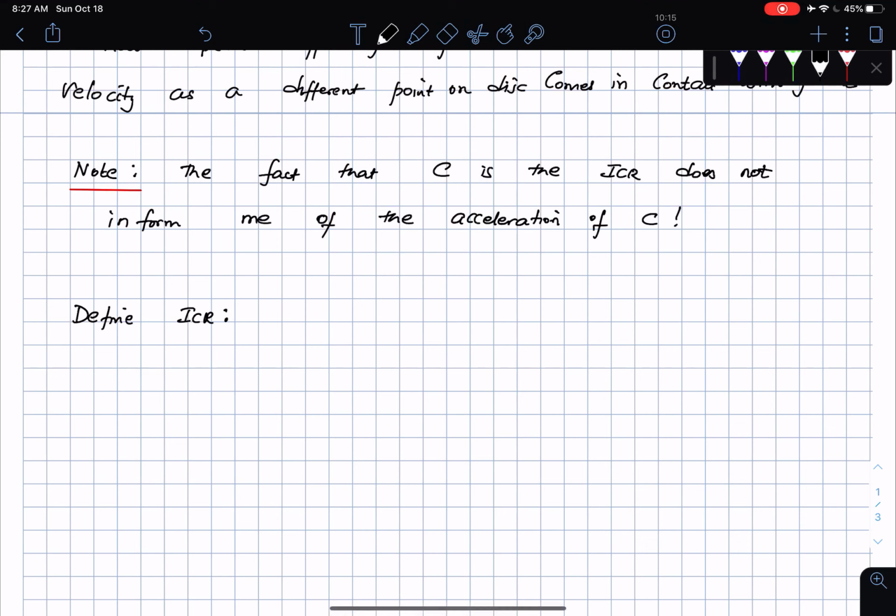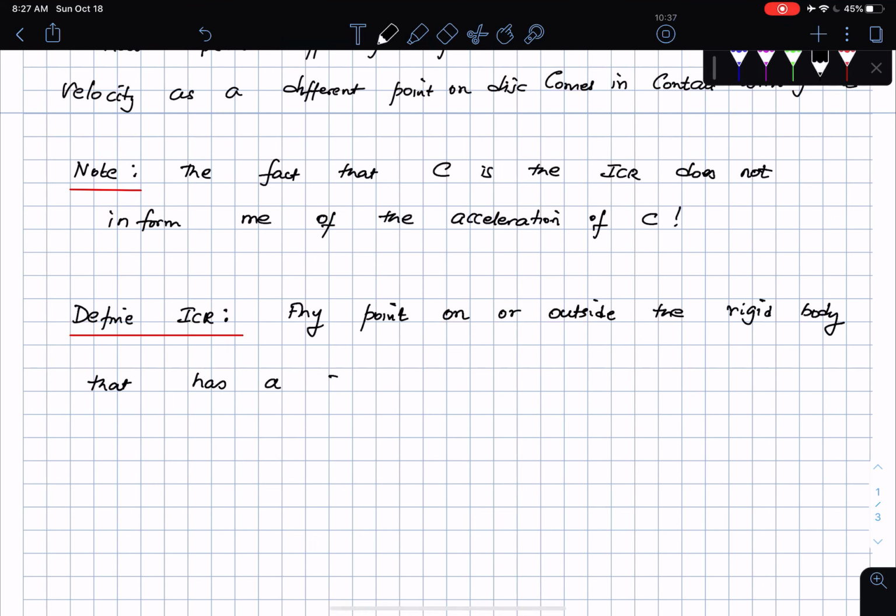So this could actually be a point on or outside the rigid body. So any point on or outside the rigid body that has a zero velocity at that time instant.